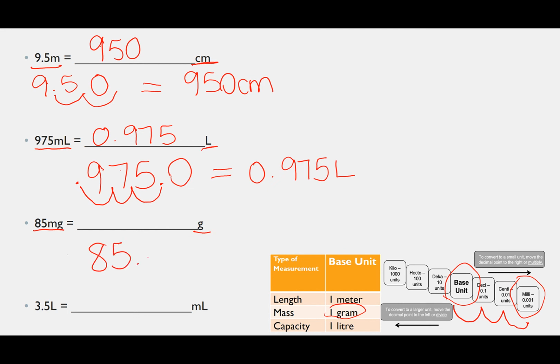So we have 85. We move the decimal to the left 3 times, so 1, 2, 3. Fill in the zeros, and this will equal 0.085 grams.